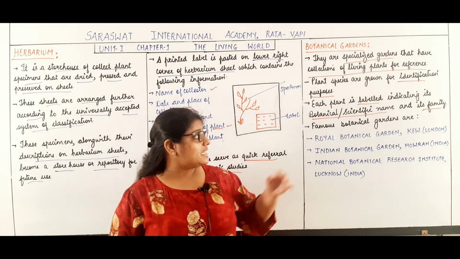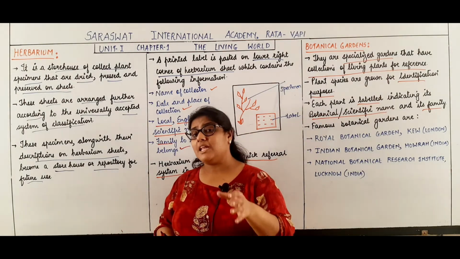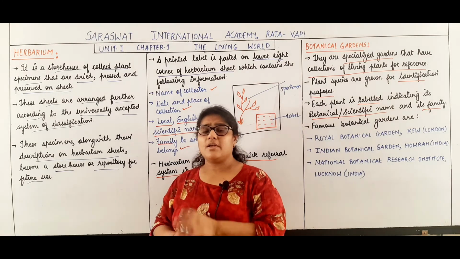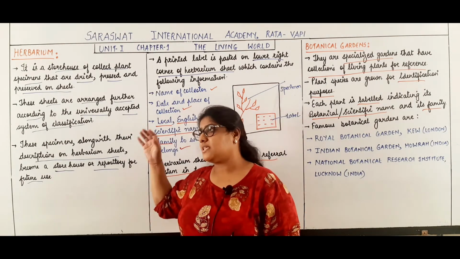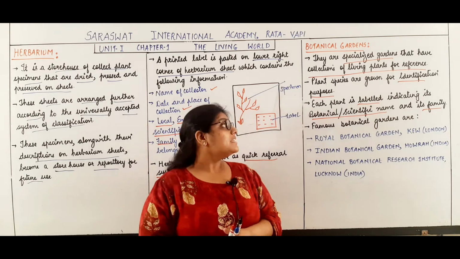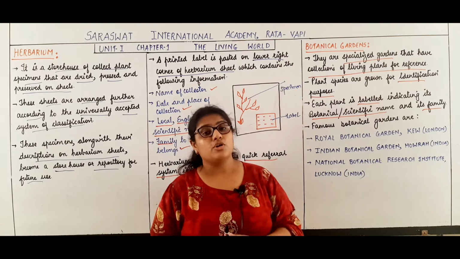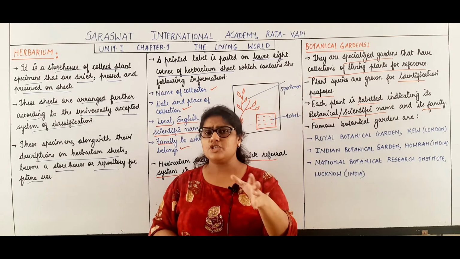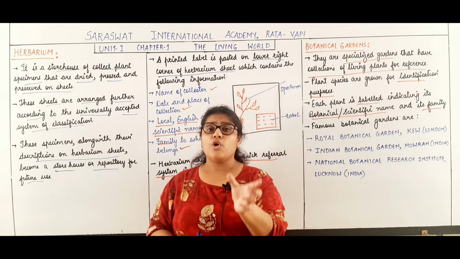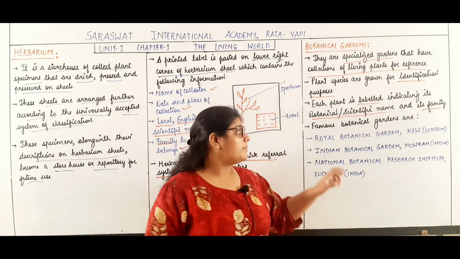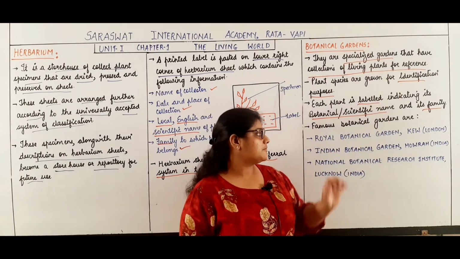But compulsorily the botanical name, or scientific name, and the family of the plant should be there on the label. So, like the label on the herbarium sheet, similarly the label is also there in the botanical garden. That is, each plant in the botanical garden will be labeled. And what information is there on the label? Mainly the botanical or scientific name and its family.